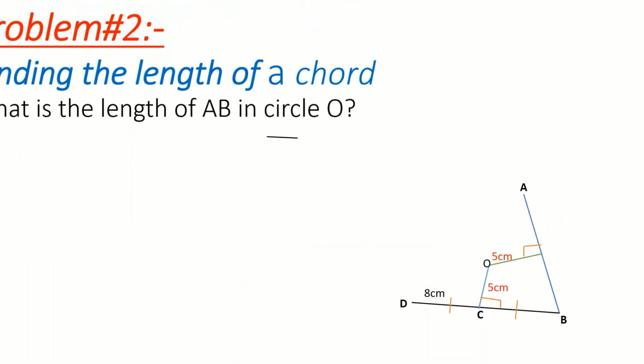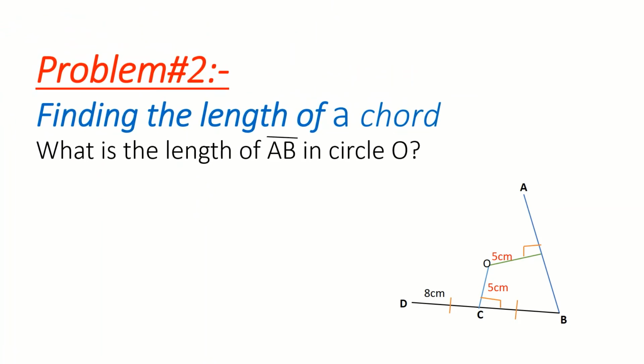Problem number 2, finding the length of a chord. What is the length of AB in a circle O? Here is a graph. AB means it's a chord in this circle. What are the givens?